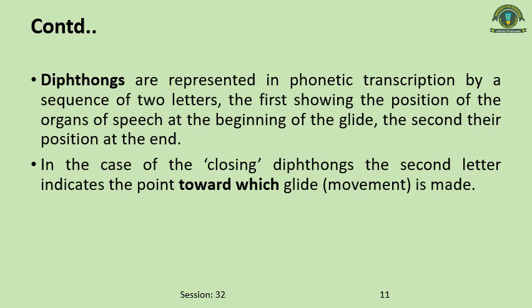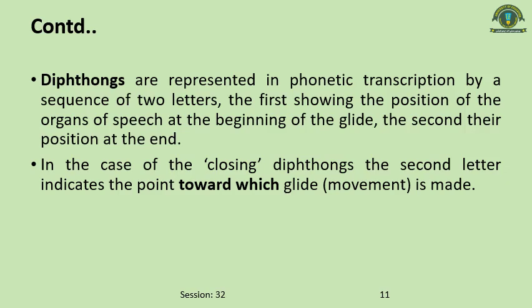So in the case of the closing diphthongs, the second letter indicates the point toward which glide or movement is made. Now that is the point to understand. The closing sign, the second sign of the diphthong. As I told you, each and every diphthong is an independent phoneme and it has got its own sound.